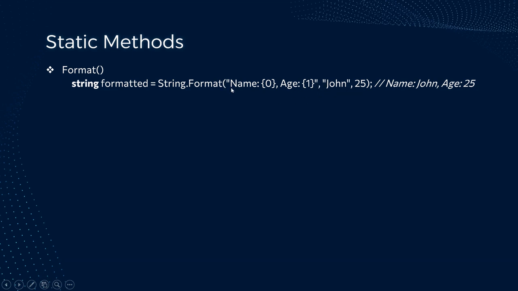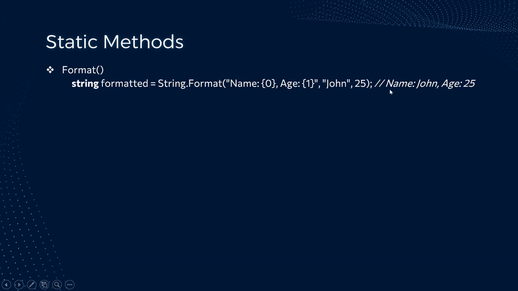In the first double quote you have to provide the different formats in the form of curly bracket 0, curly bracket 1, and so on. And the parameters after this comma would be the actual data, and it could be n numbers. The first string in the double quote basically provides the formats.